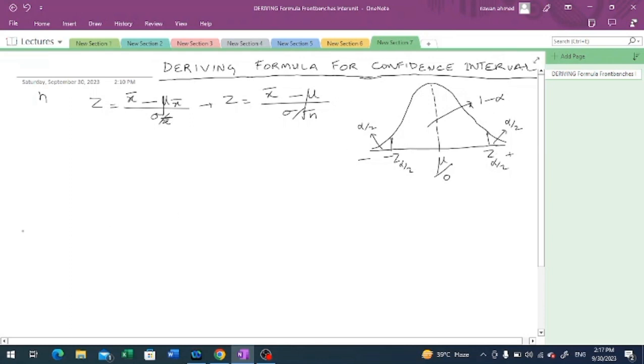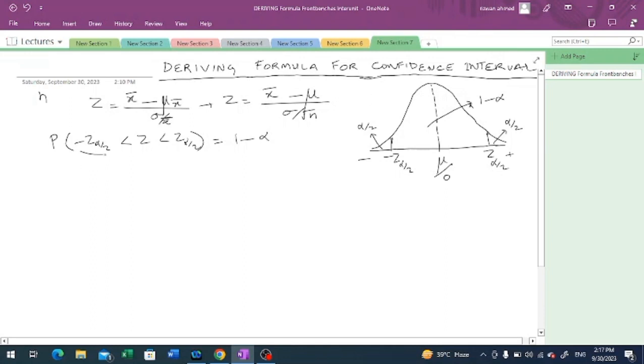So in probability terms, we can write the area selected between the lower bound and the upper bound of z values as 1 minus alpha. So we can state that the probability that z lies between minus z alpha by 2 and plus z alpha by 2 covers the area of 1 minus alpha.